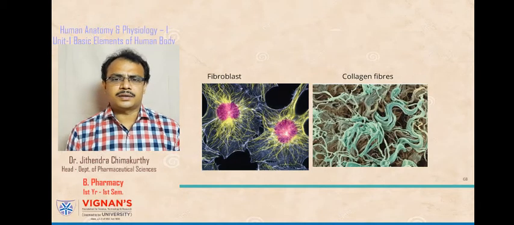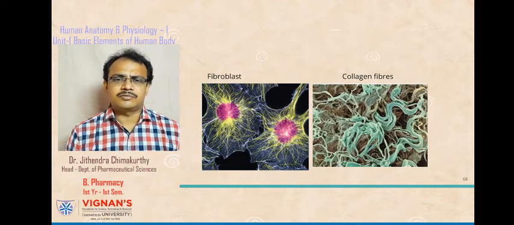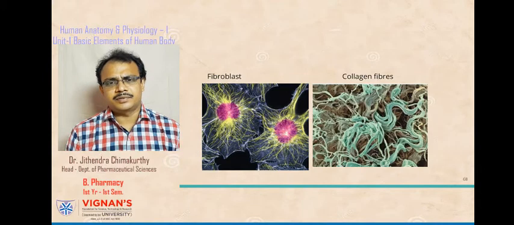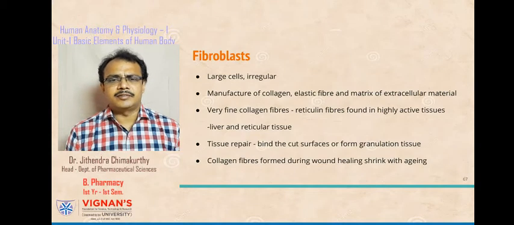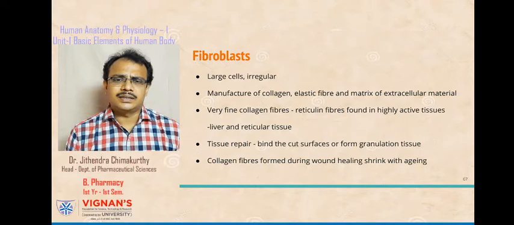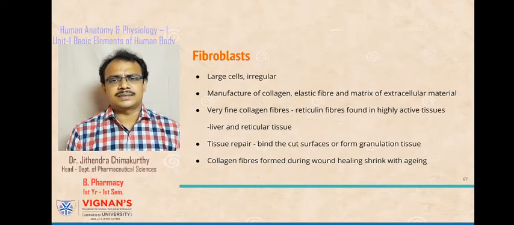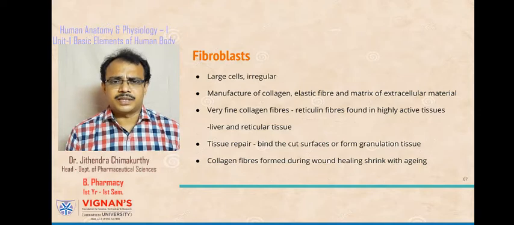Some very fine collagen fibers are called reticulin fibers in those tissues which are highly active, such as liver and reticular tissue. Fibroblasts are very active during the time of tissue repair, that is, in wound healing.